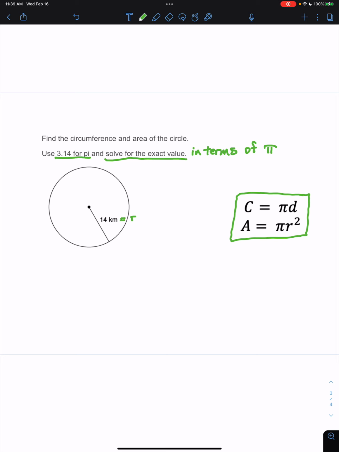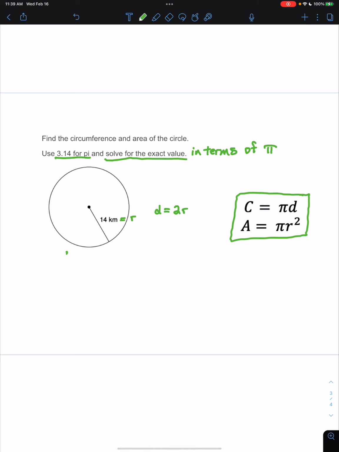We want to find our circumference. Now, my circumference formula I have here is in terms of d, or diameter, but I know that the diameter is equal to 2 times the radius. So that's how I'm going to solve this problem.